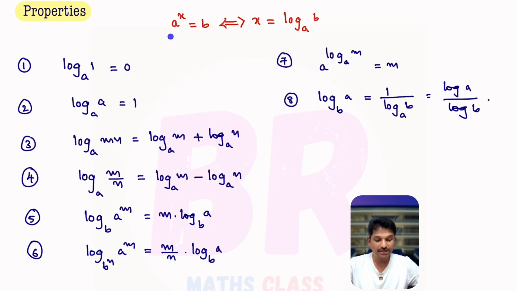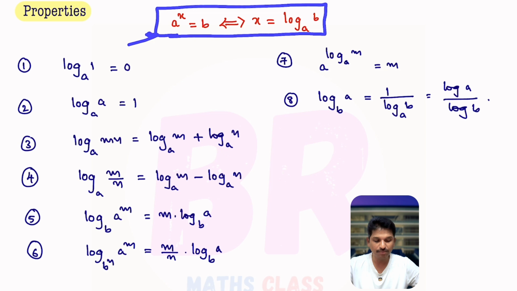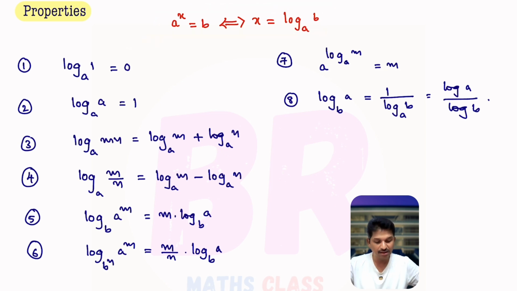Its value is... Till now we learned the definition of logarithm and these 8 properties, with proofs also we learned, right? See, we keep this basic mathematics as basic only. I don't want to confuse you by doing very difficult problems. What is my intention?